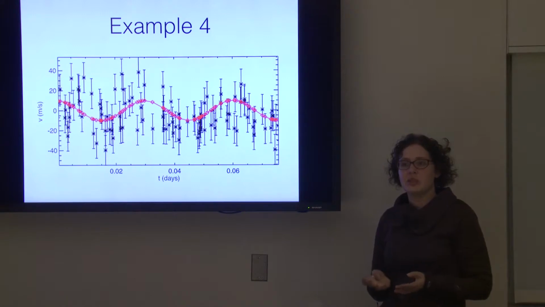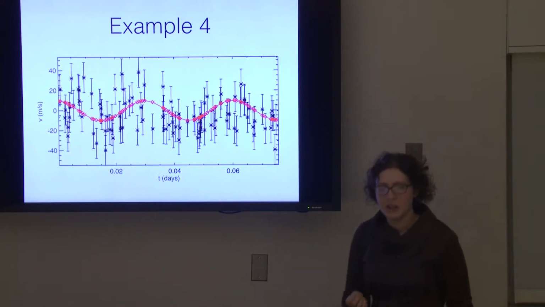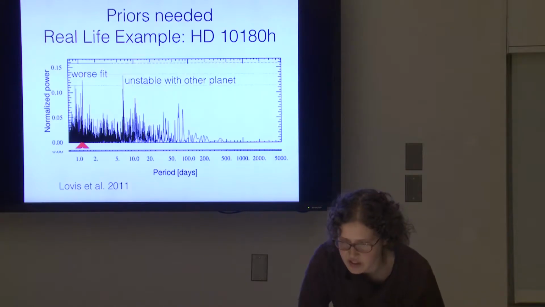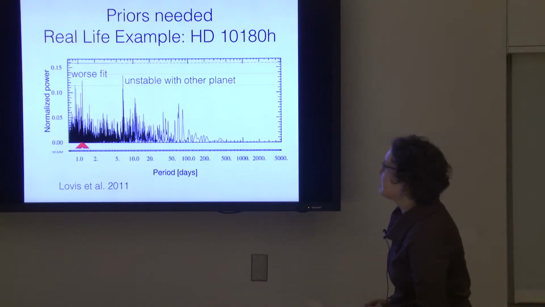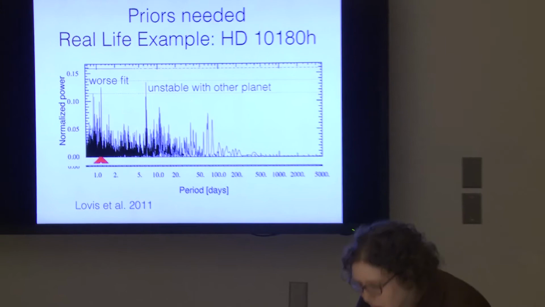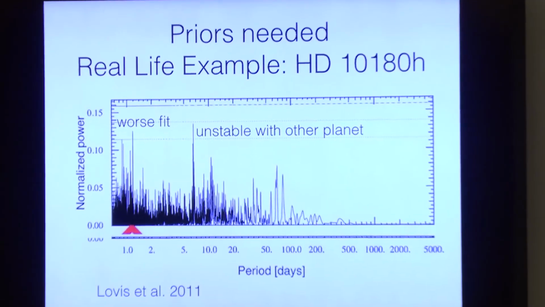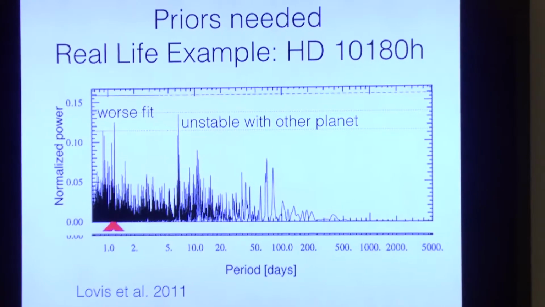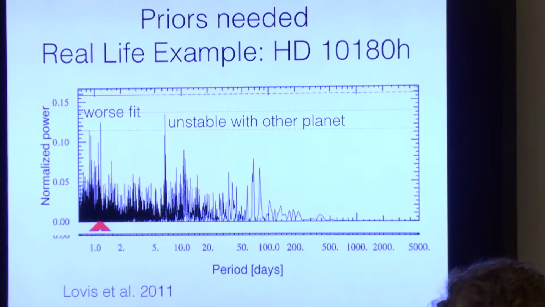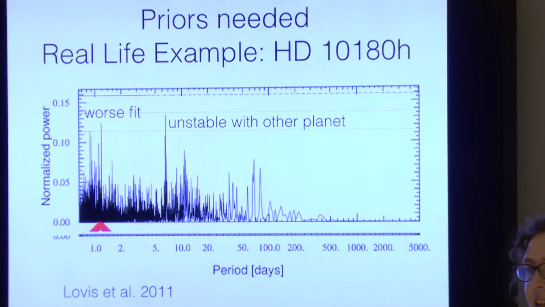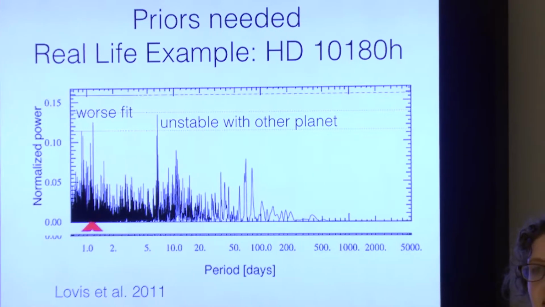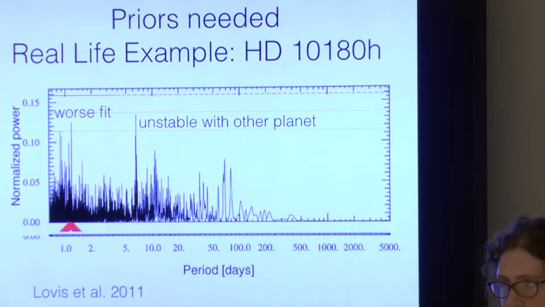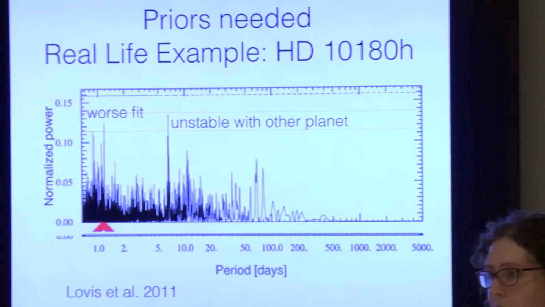But there are actually real-life examples where you should put a prior on the orbital period. Here is an example. You might remember that one of the data sets I gave you to look at was in the frequency domain, and it had a bunch of peaks. Can you just hold it up to remind people?